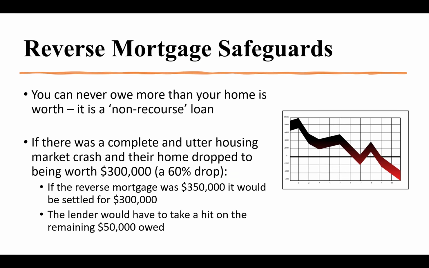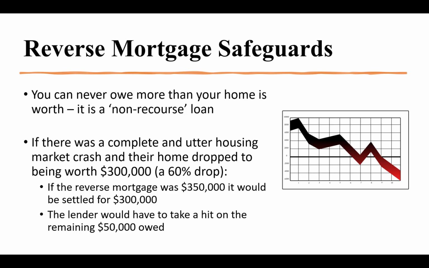And remember, I mentioned that you can never owe more than your home is worth. It's actually a non-recourse loan. So if there was a complete and utter housing market crash, and let's say Mitch and Emily's home dropped to being worth $300,000, a 60% drop, that's a once in a lifetime, once in a generation, once in 50-year crash.